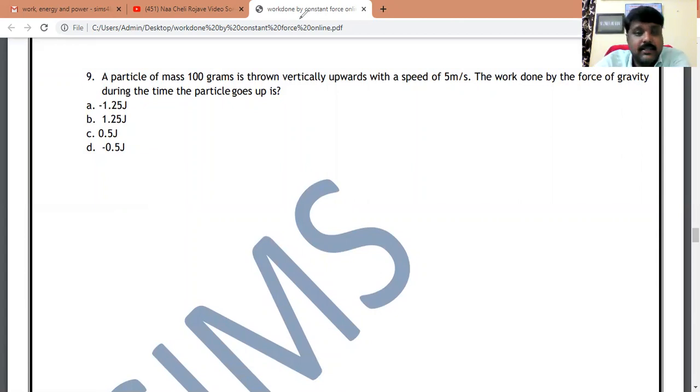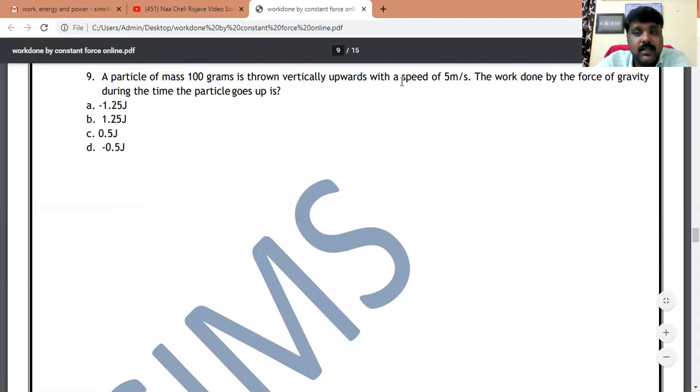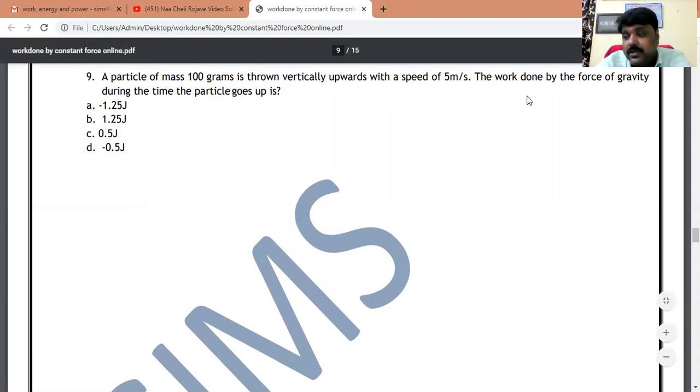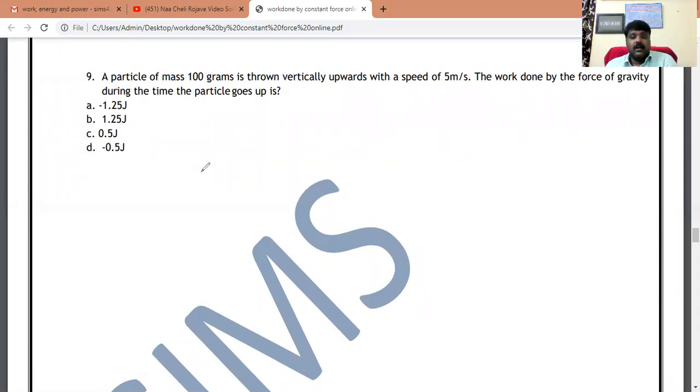A particle of mass 100 grams is thrown vertically upwards with a velocity of 5 meters per second, and we are asked the work done by the force of gravity during the time the particle goes up. First, let us write down whatever is given.